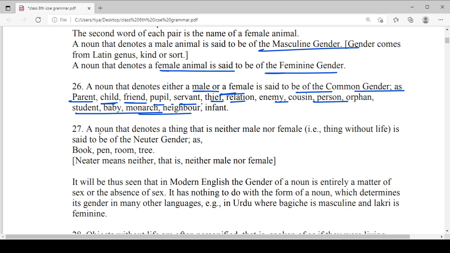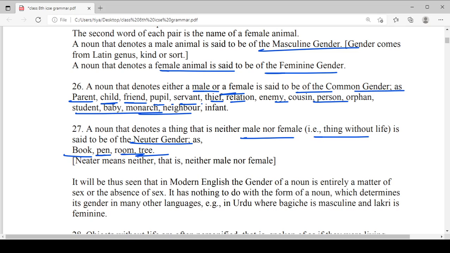Okay, and we have a noun that denotes a thing that is neither male nor female. A thing without life is called the neuter gender, like non-living things. We are talking about non-living things: book, pen, room, tree, and many other examples. All these are called the neuter gender.